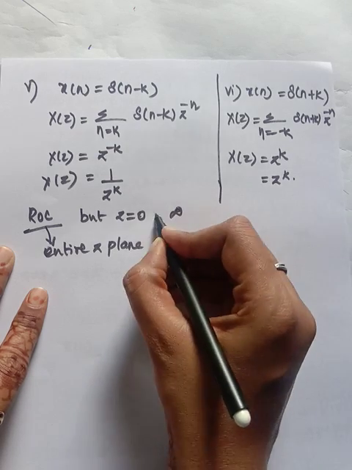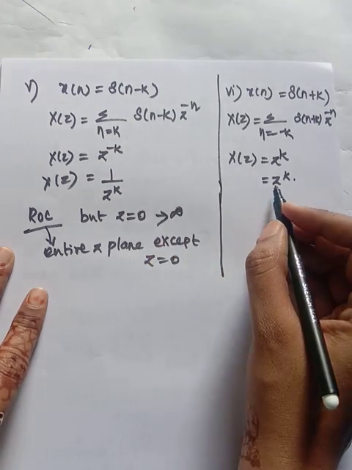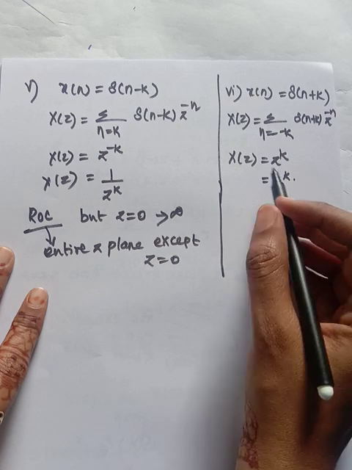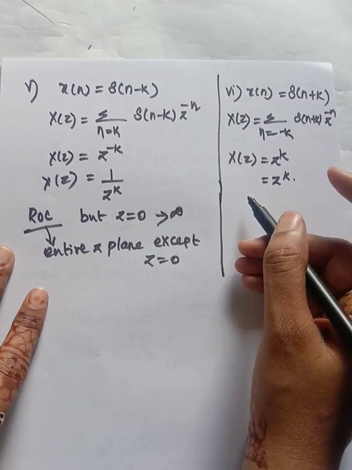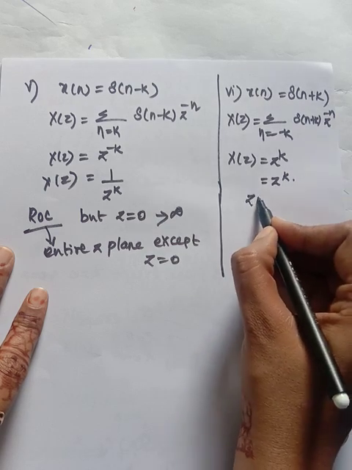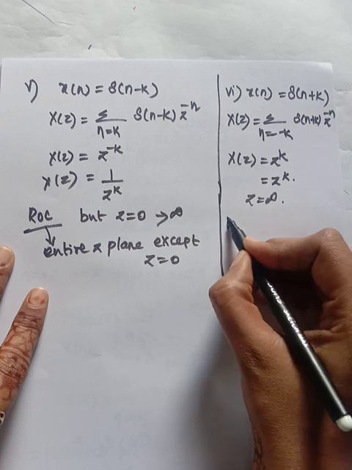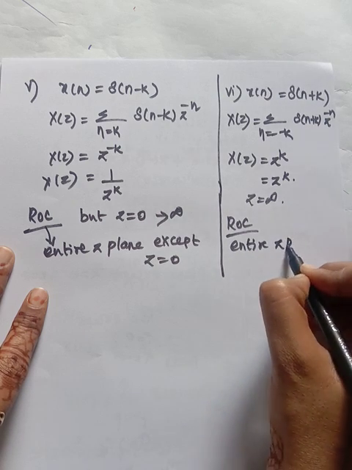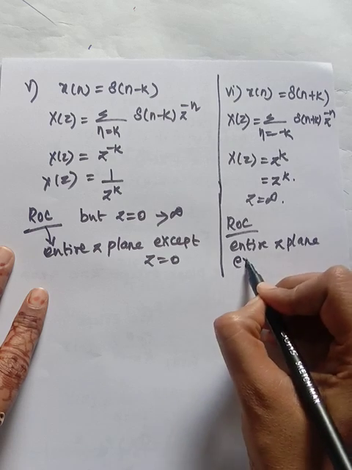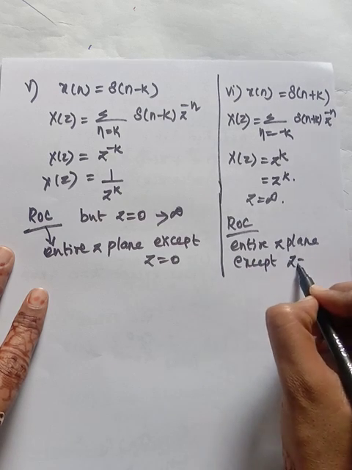For the other case, the sequence will not converge, that is, it will attain an infinite value when z is equal to infinity. So the region of convergence is the entire z plane except z equal to infinity.